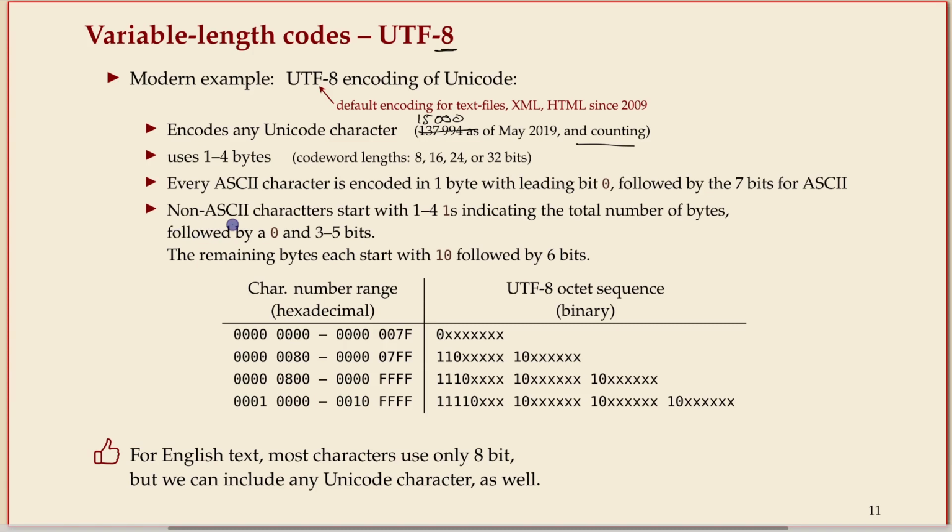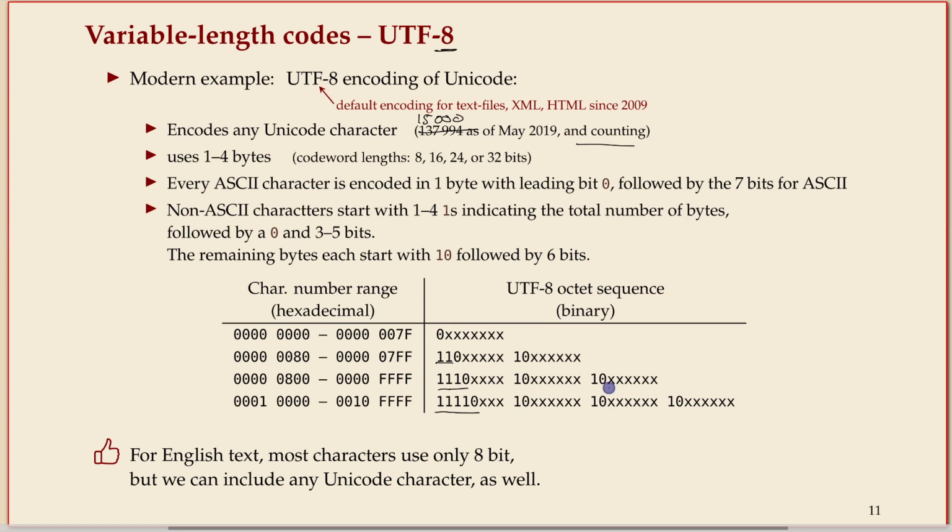And the non-ASCII characters are encoded using that kind of scheme. So they're classified into different categories, and some of them are encoded with 2 bytes, where you specify how long the sequence will be in the first byte by having 2, 3, or 4 ones at the beginning, followed by a 0.